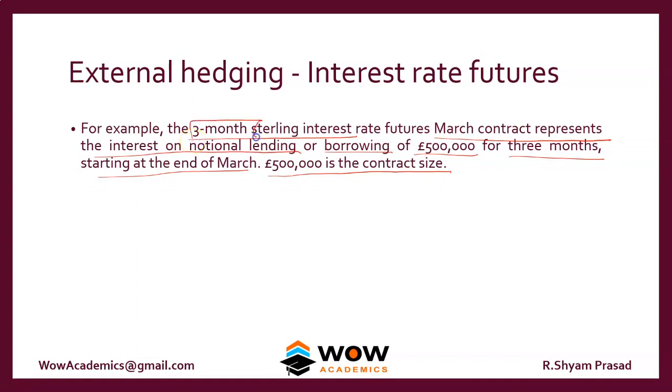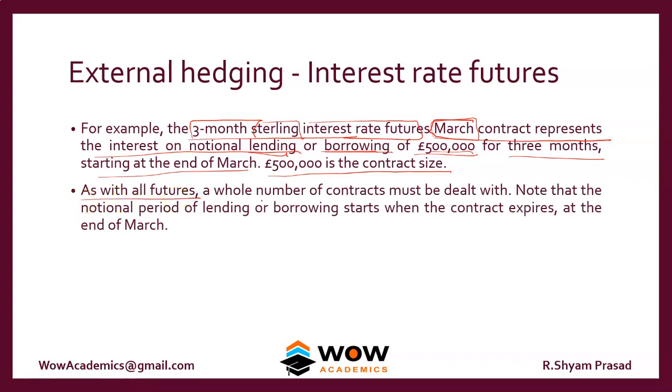The contract is a 3-month contract. It is a sterling contract. It is an interest rate futures contract. The contract is going to end in the month of March, and it can be on lending or borrowing. The amount is also mentioned here. So everything is mentioned in a particular specific way. So that is what interest rate futures are. In forward contracts, all these specifications can be changed.